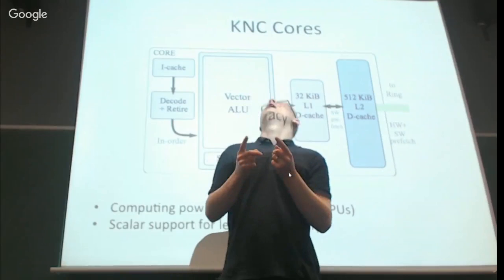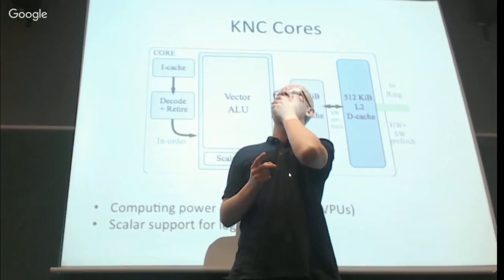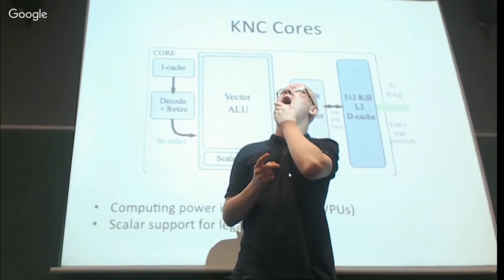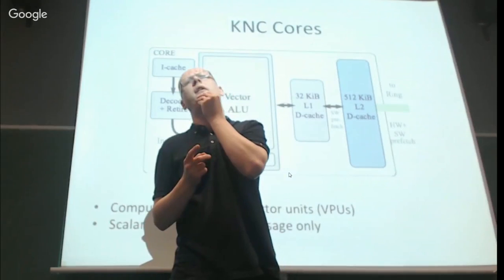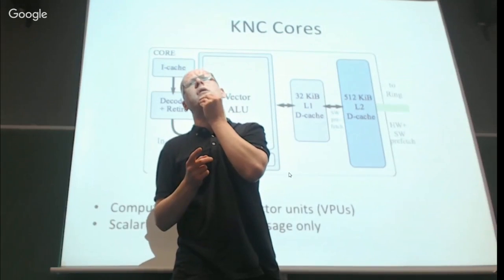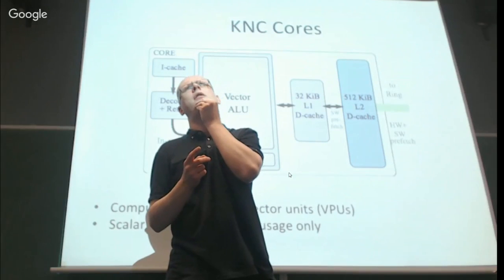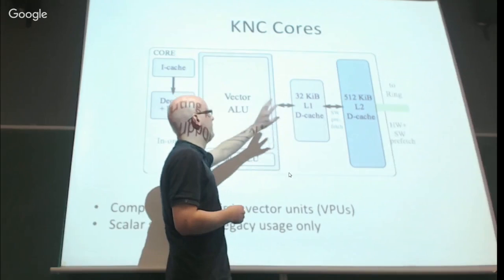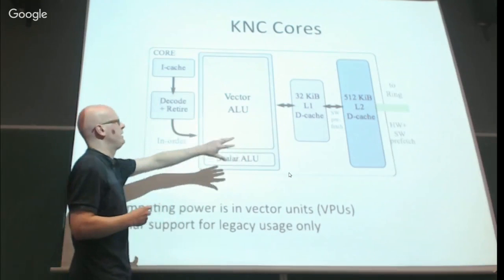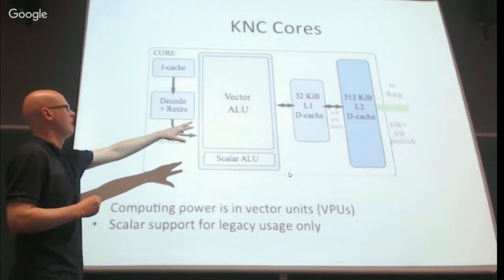Collectively, there's 30 megabytes of L2 cache on the Xeon Phi. And then you have the private L1 caches, which are 32 kilobytes just as they were on the Xeon.